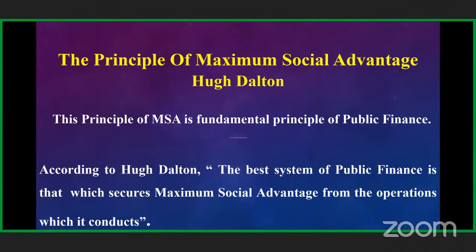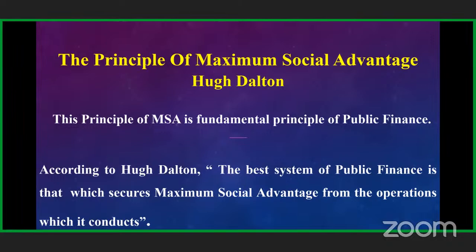So friends, the best system of public finance is that which secures maximum social advantage from the operations which it conducts. Under public finance, the government initiates some measures or operates some functions.